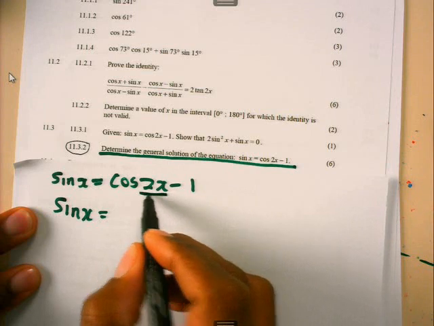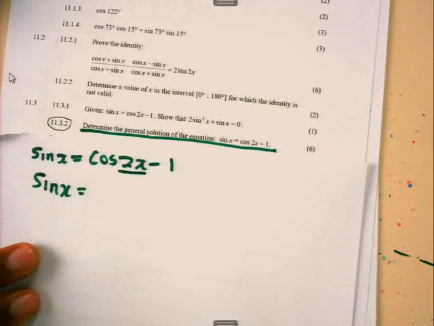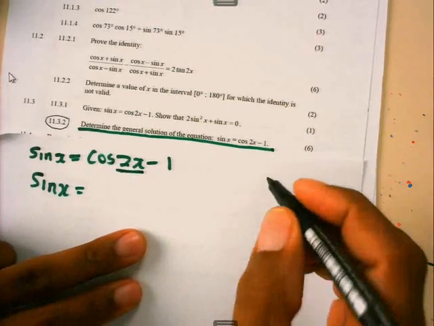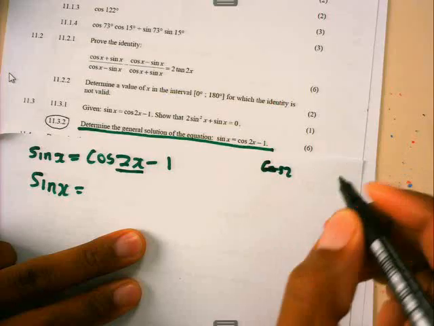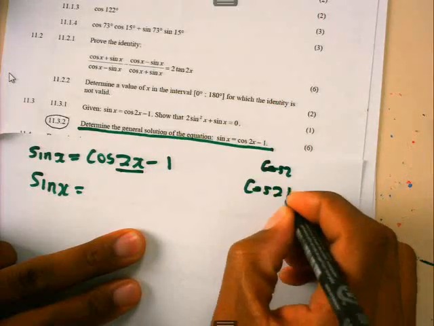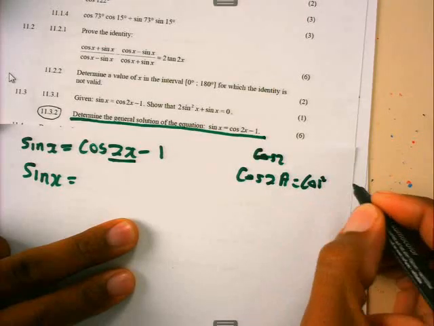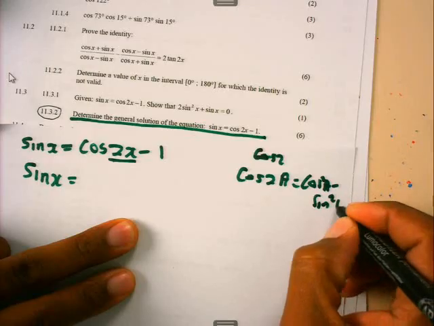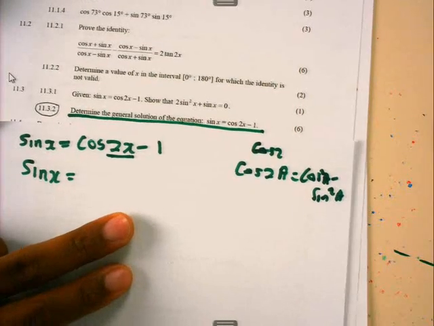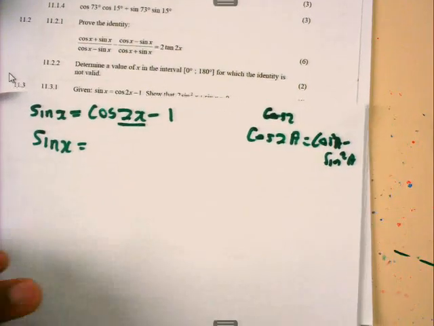Immediately now, when I see this one, what do you remember? I remember the double angle. But this one is a double angle for cos. Now, remember we say cos 2a is equal to what? Is equal to cos squared a minus sine squared a, right?